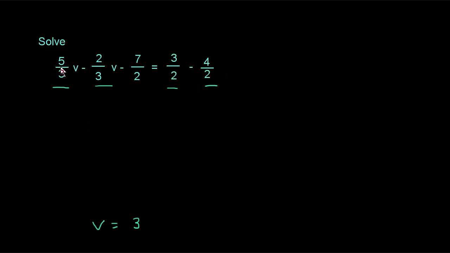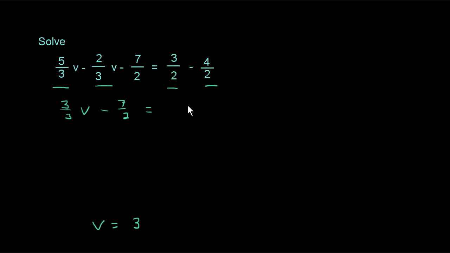So on the left side, let's combine those two. 5/3 subtract 2/3 is 3/3 v. Subtract 7 halves. And on the right side, we have 3 halves minus 4 halves. Signs are different.